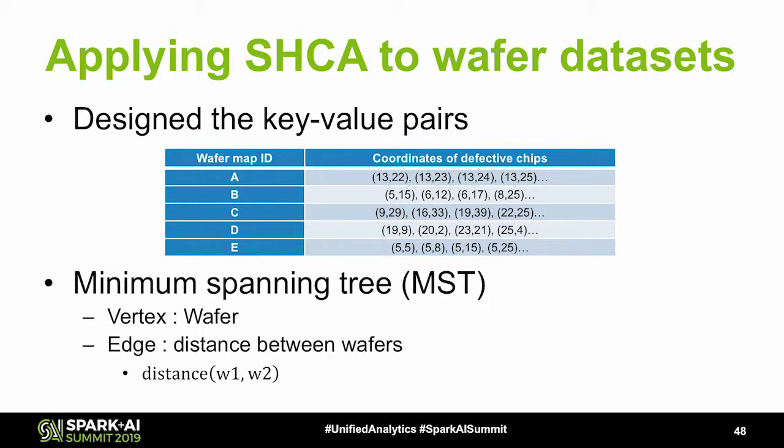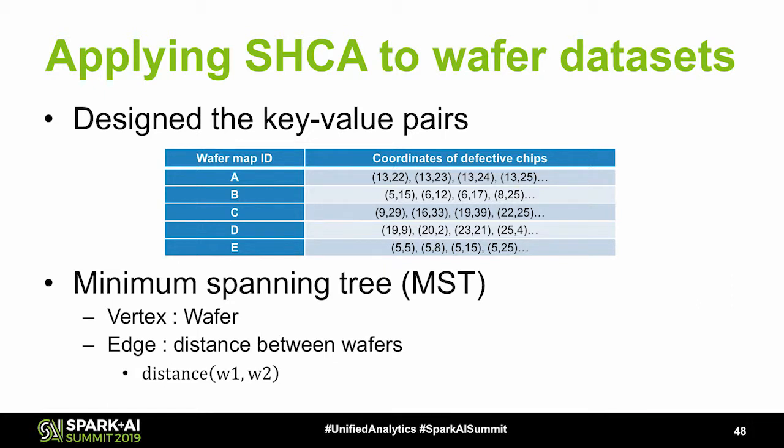Still not clear to me. When two wafers look similar, we check the defective chips in each row, compare how many defective chips there are in each row between the two wafers, and then get a score. By using this procedure, we can compute the similarity score between two wafers.